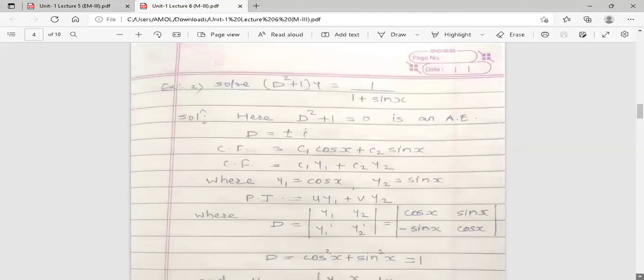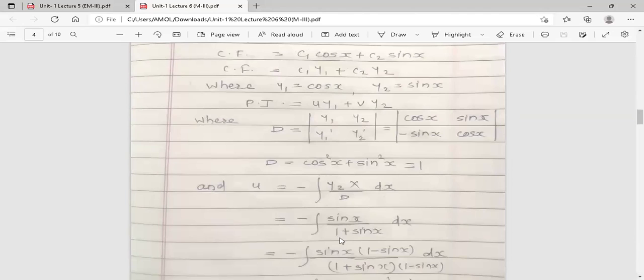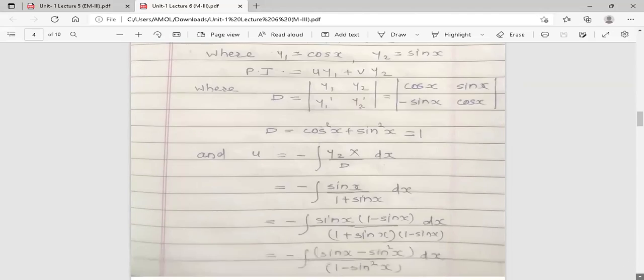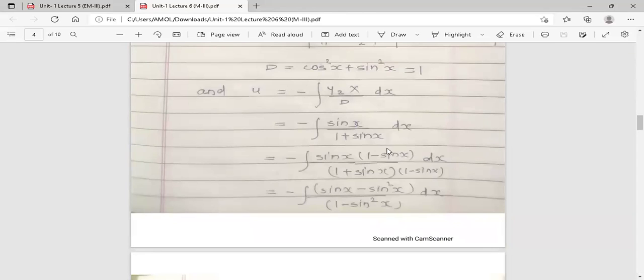So your capital X in the formula is 1 upon 1 plus sin x into dx. Now how to solve this integration? Sin x upon 1 plus sin x. So multiply and divide the term by 1 minus sin x, so that you will get minus integration sin x as it is, 1 minus sin x upon (1 plus sin x) into (1 minus sin x).